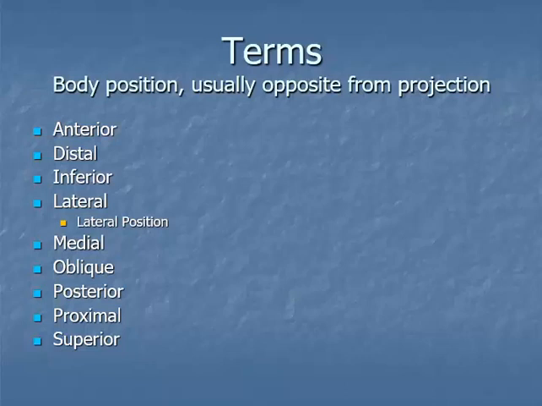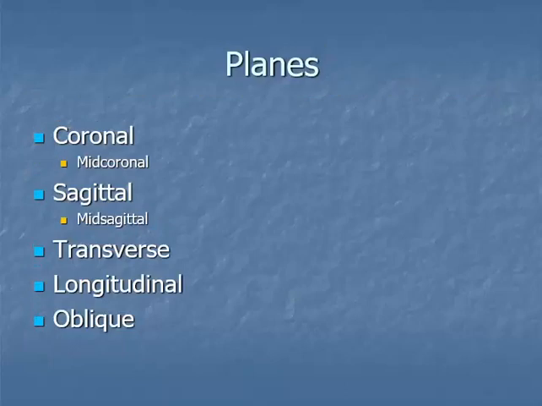Posterior is the back, proximal is towards the insertion, superior is above, as opposed to its opposite from distal, or inferior rather. So you got planes. Keep in mind that whenever you're reading a test question, if you're looking at a question that asks for left and right portions, that would be a sagittal plane.